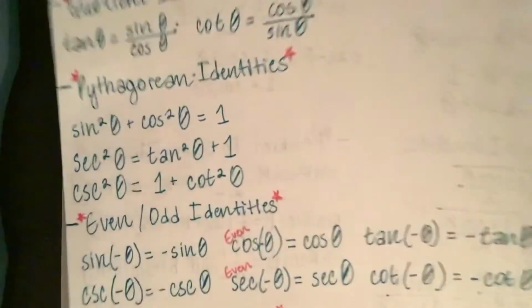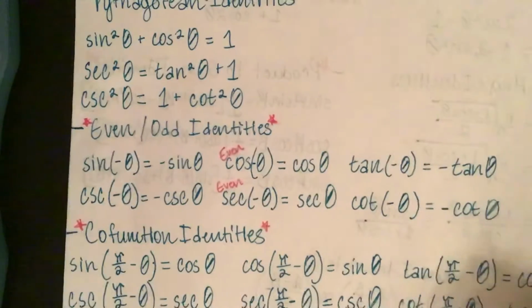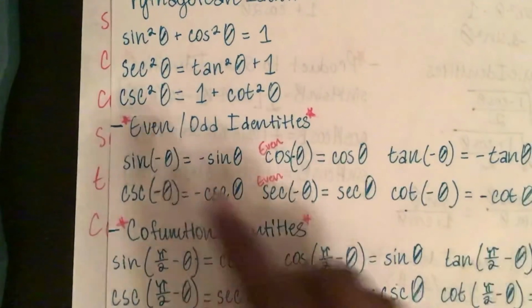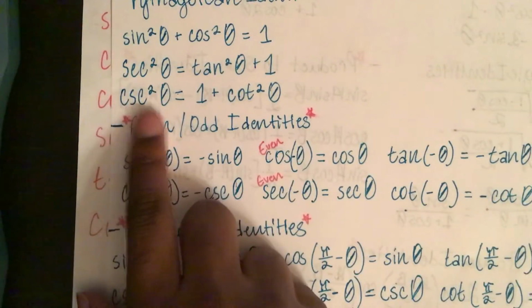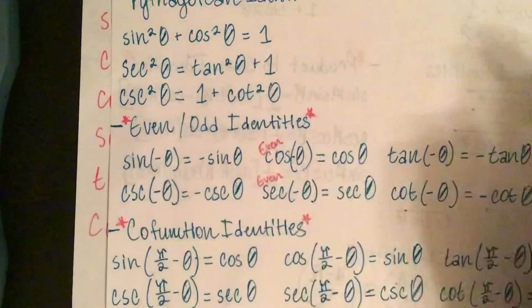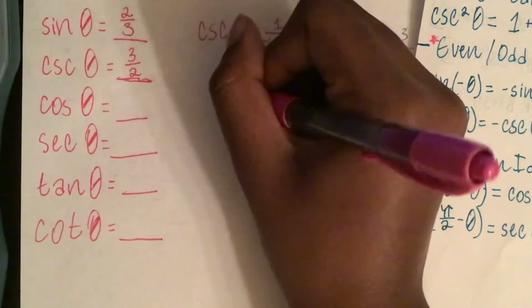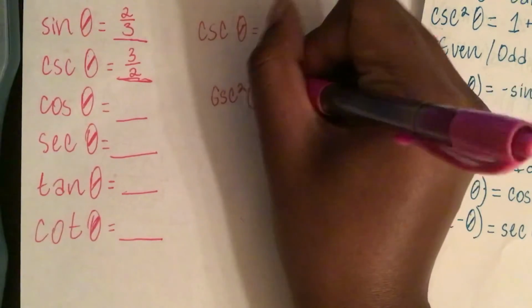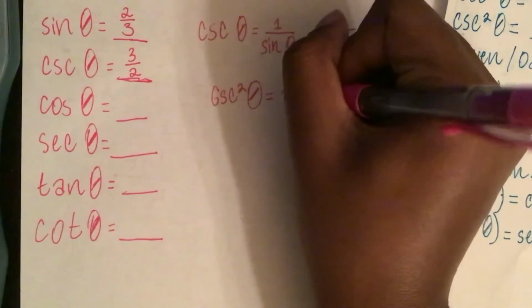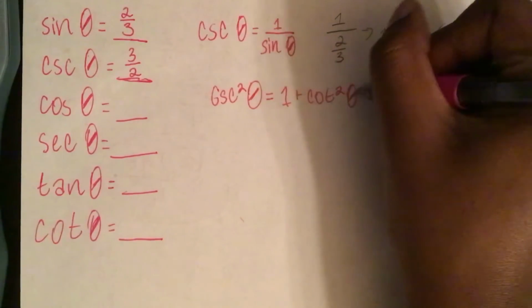So, looking around, I notice in our Pythagorean identities, we have the cosecant squared of theta equals 1 plus the cotangent squared of theta. I'm going to write it out here. The cosecant squared of theta is equivalent to 1 plus the cotangent squared of theta.